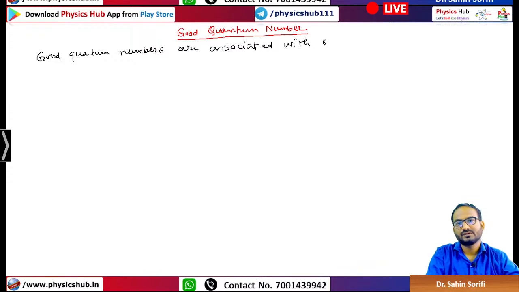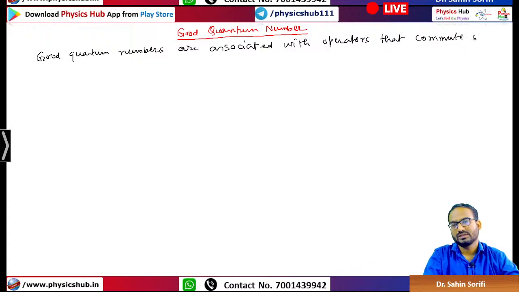This is not so important, but just for your information. Good quantum numbers are associated with operators that commute with the Hamiltonian.